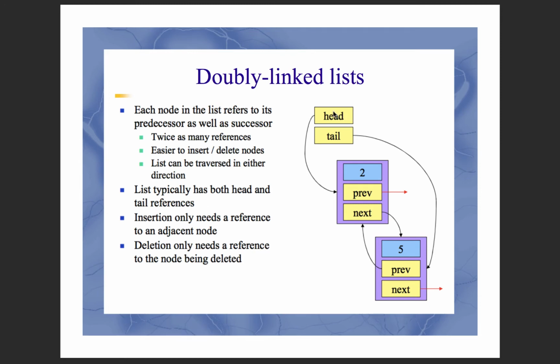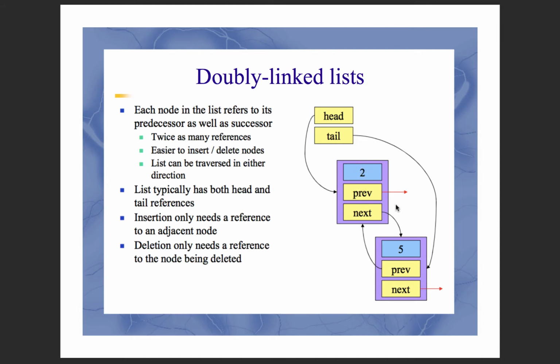For example, if you start from the head and you want to traverse the linked list, you can go to this node, and this node gives you an idea of what the next node is, then you can traverse to that node. And if you want to traverse in a backward way, this node gives you the previous node information, so you can go to that node, and it gives you its previous node information.